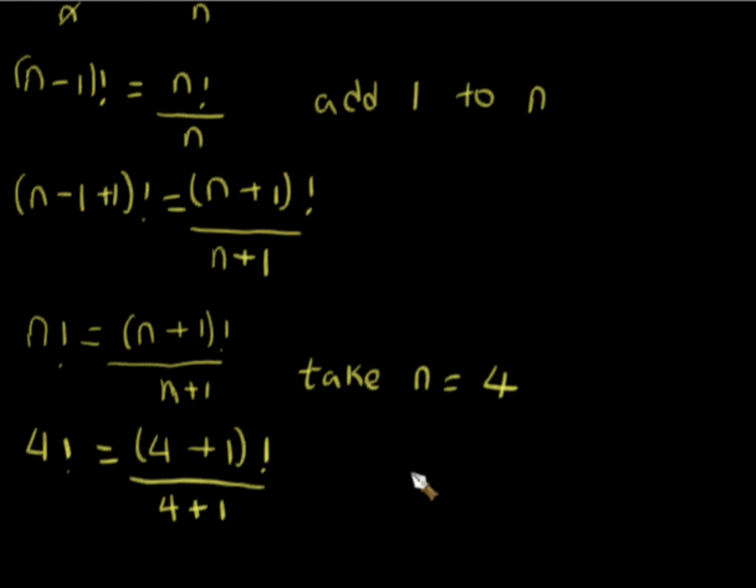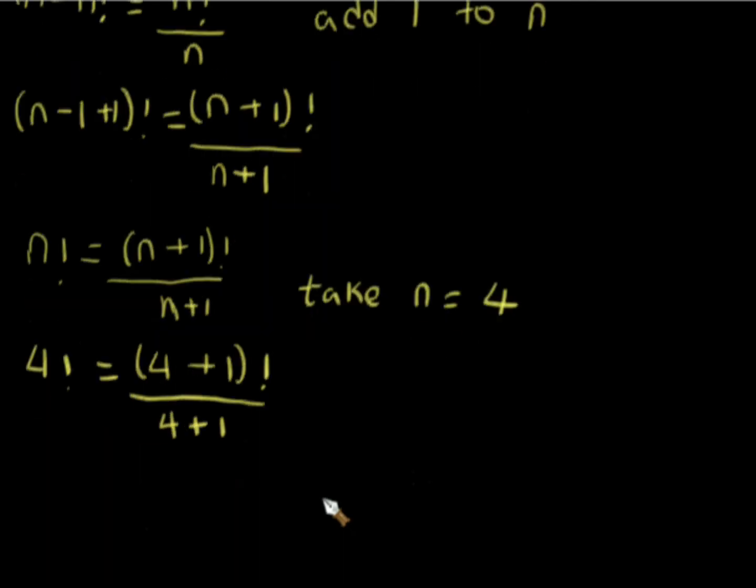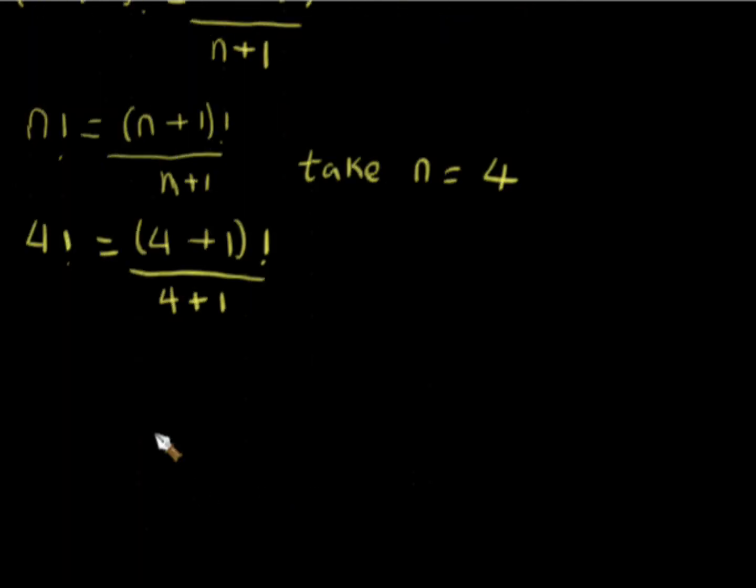So in the aftermath, we have that 4 factorial would give us 4 plus 1 here gives us 5 factorial divided by 5, and 4 plus 1 at the denominator still gives us 5, right?